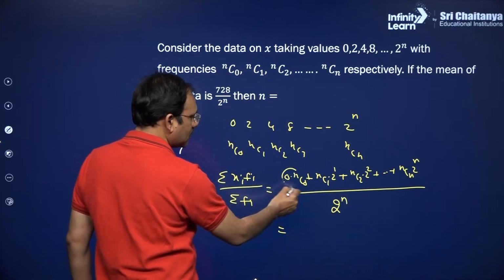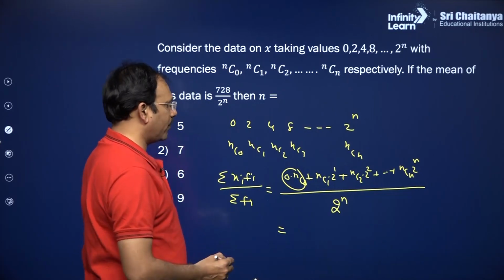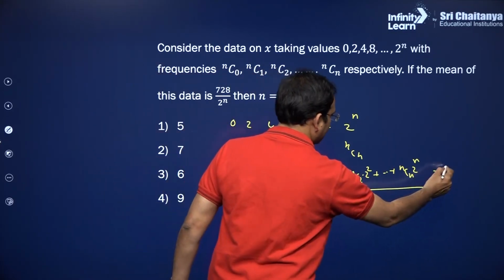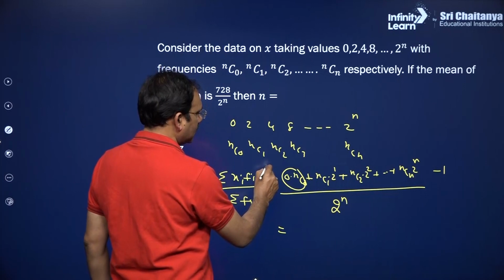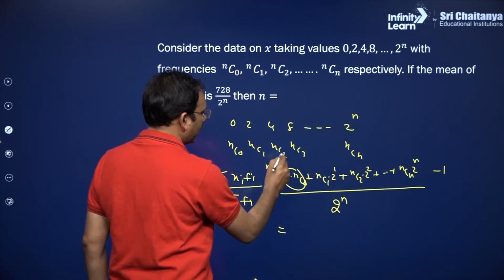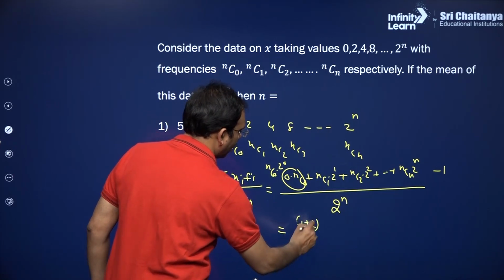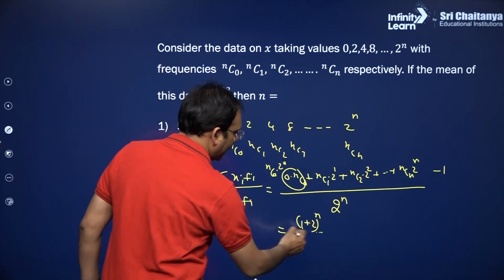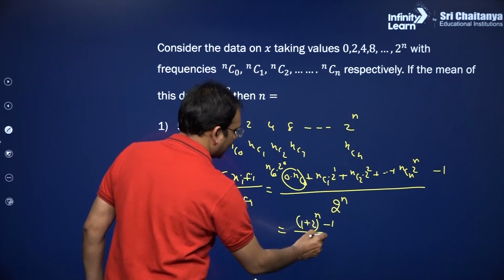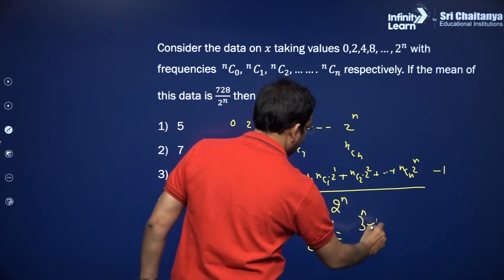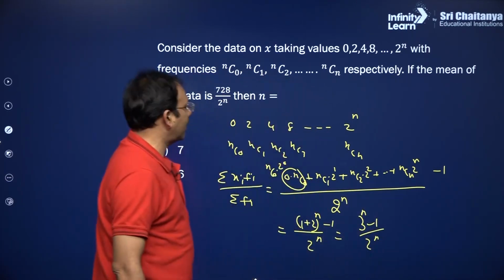So friends, if this is NC1 into 2 power 0, you add and subtract 1, so you add NC0 into 2 power 0. Now you can write 1 plus 2 whole power n expansion minus 1, by 2 power n. This is 3 power n minus 1 by 2 power n.